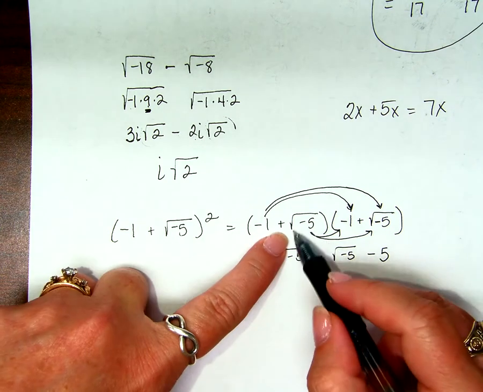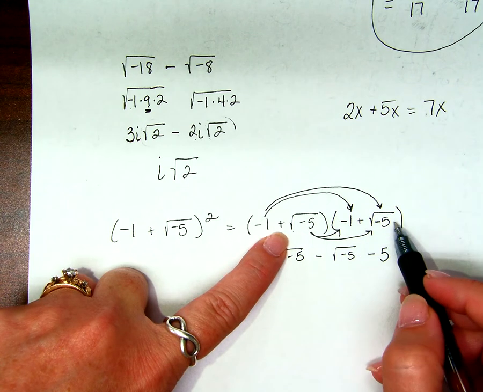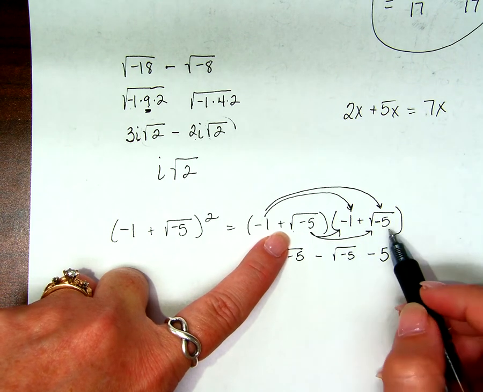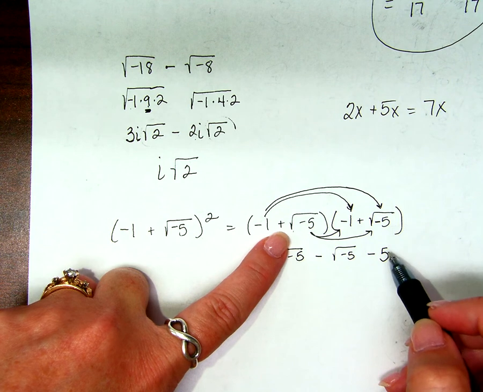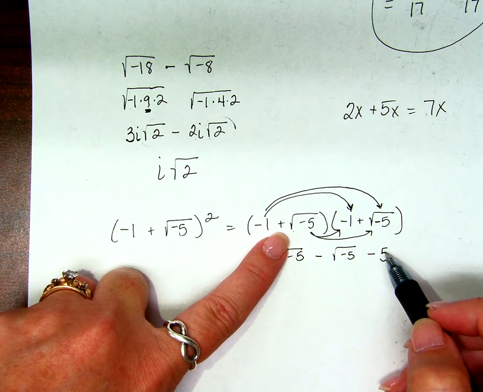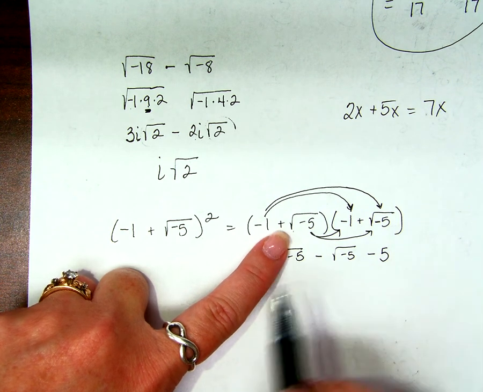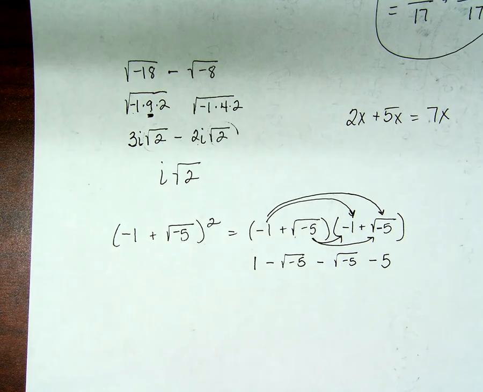Because it's the square root of negative 5 times the square root of negative 5, which would be the square root of 25, which is 5. Oh, that's kind of tricky though, isn't it? You just got to look at what's going on.